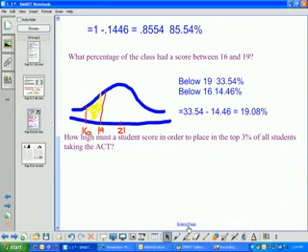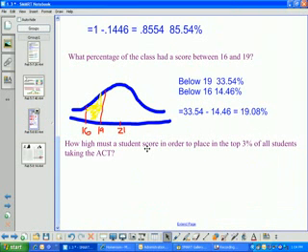Okay, one last thing, we can also use this Z-score and the Z-table to figure out how high or what a score a student needs to have in order to fall into a certain group. So this one, we want to know, well, how many are going to fall in the top 3% of the scores? There's a couple ways that we can talk about this.